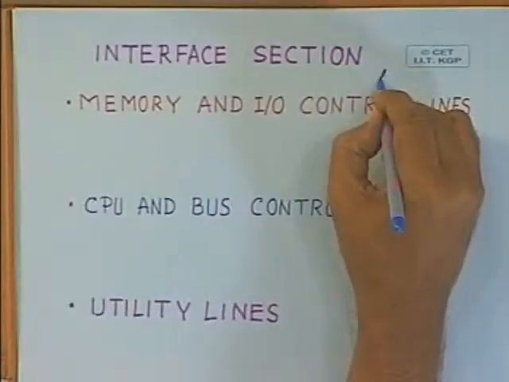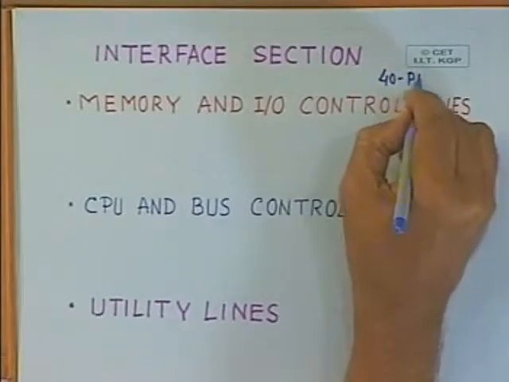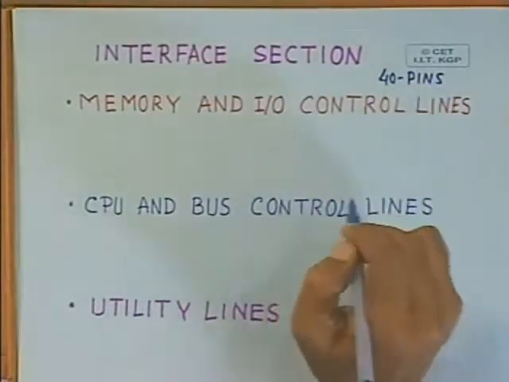When 8085 was introduced in the 70s, in those days 40 was the optimum number of pins which were supported by the technology. So you have to accommodate all the signal lines that you require for interfacing with the external world. By external world, I mean memory and input output devices. So they were supported with only 40 pins in 8085.